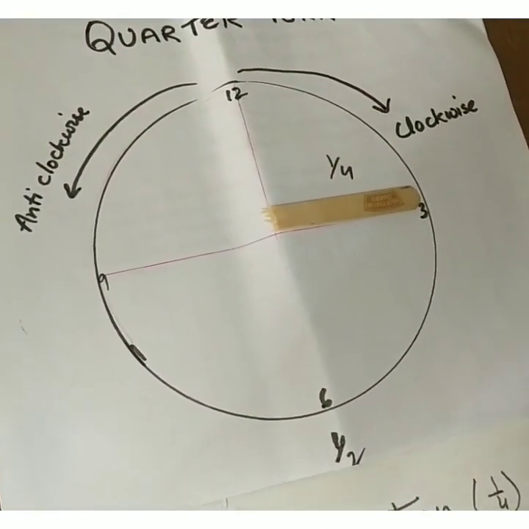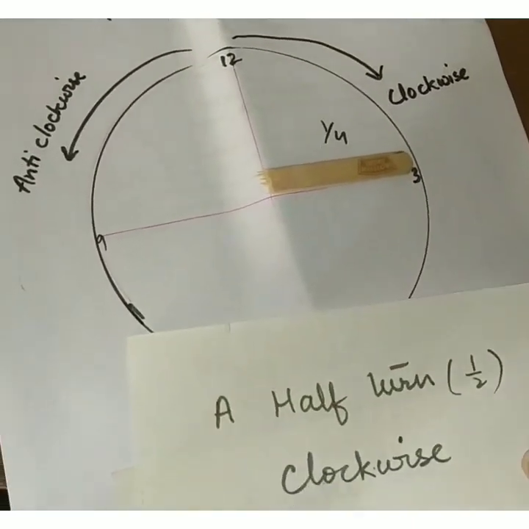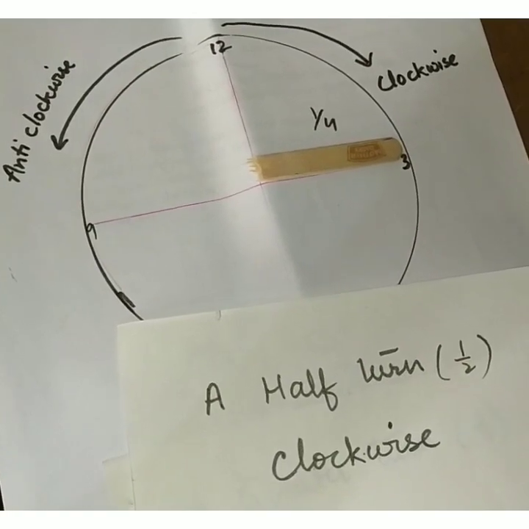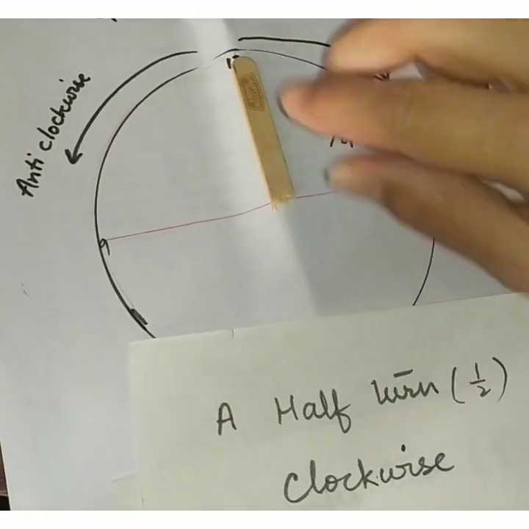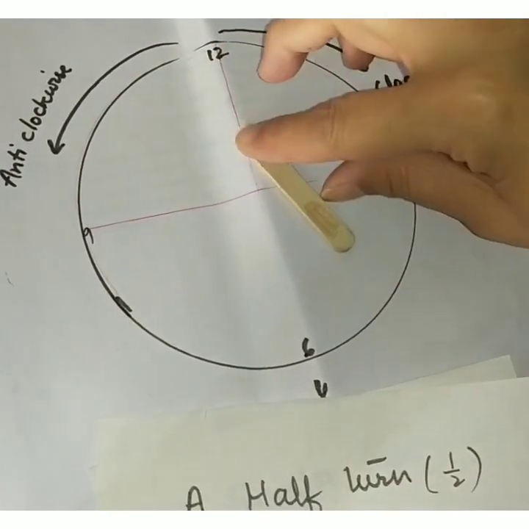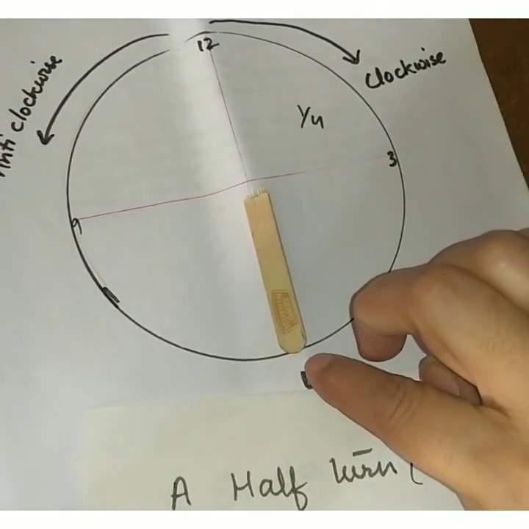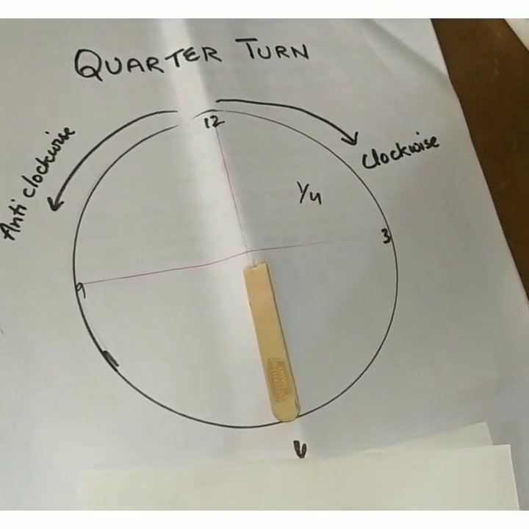Now if I say move the arrow a half turn clockwise, half turn means I will come from this position to this position, from here till here. So this is a half turn.